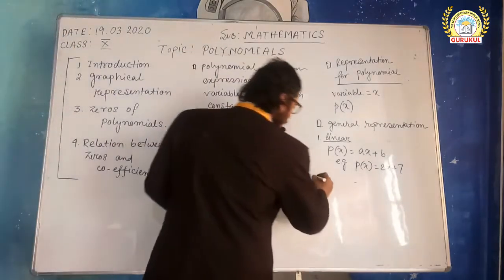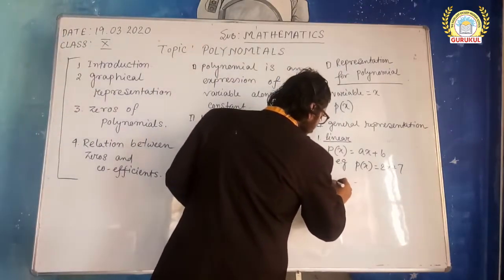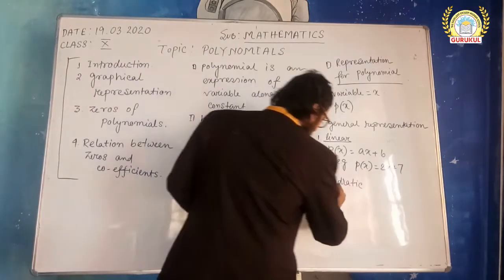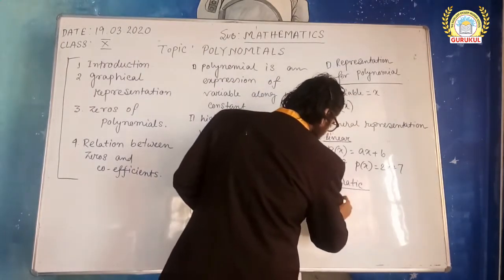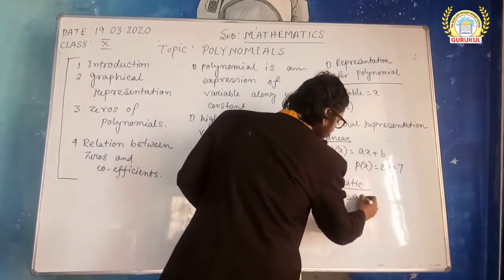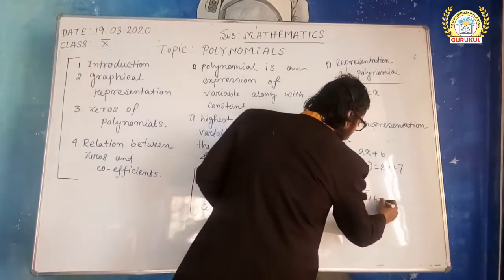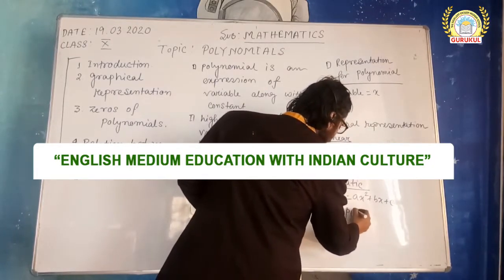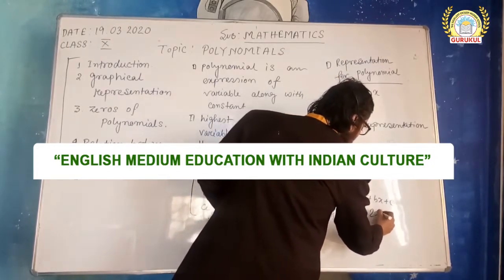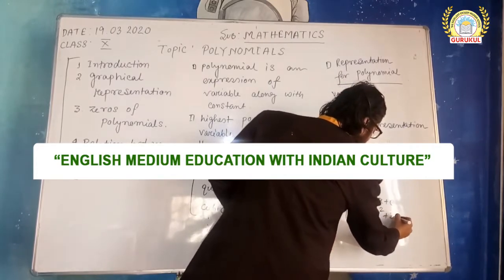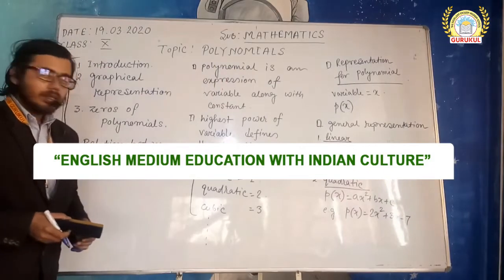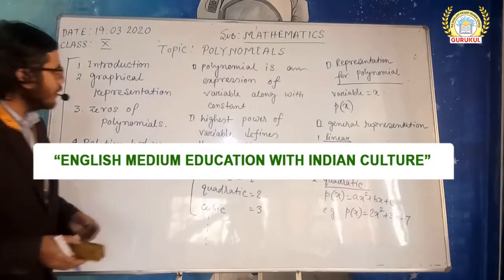Next, number 2, quadratic. In case of quadratic, p of x, the general representation is ax square plus bx plus c. Example, p of x equal to 2x square plus 3x minus 7. This is the representation for quadratic.